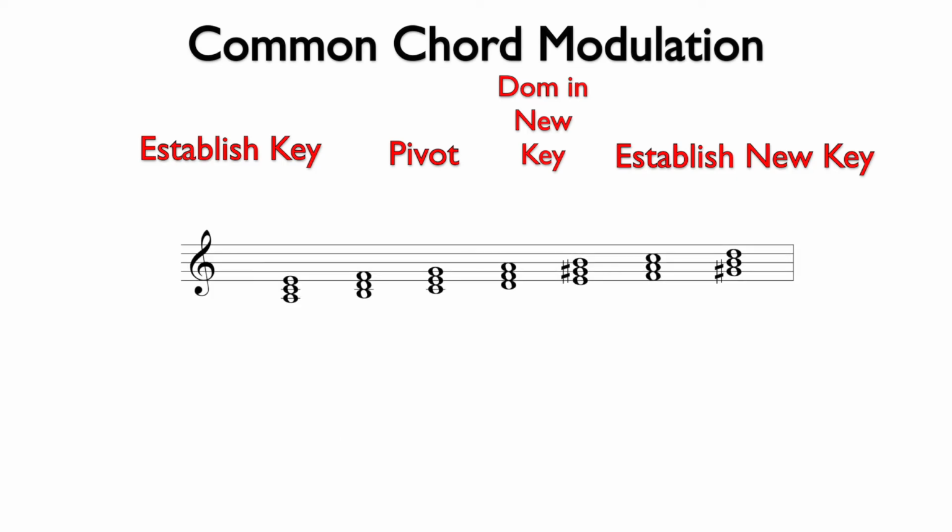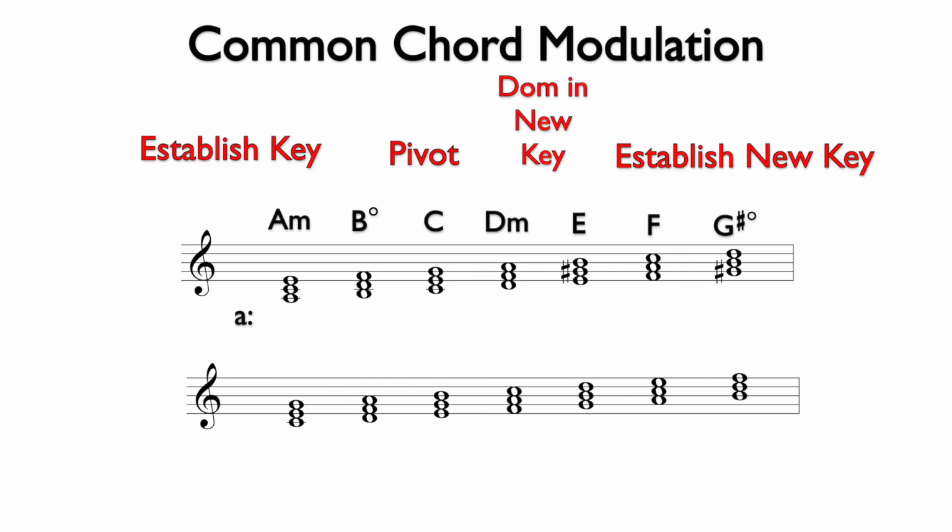Here are the common chords in A minor: A minor, B diminished, C, D minor, E, F, and G sharp diminished. And here are the common chords in the key of C major, the relative major of A minor: C, D minor, E minor, F, G, A minor, and B diminished.